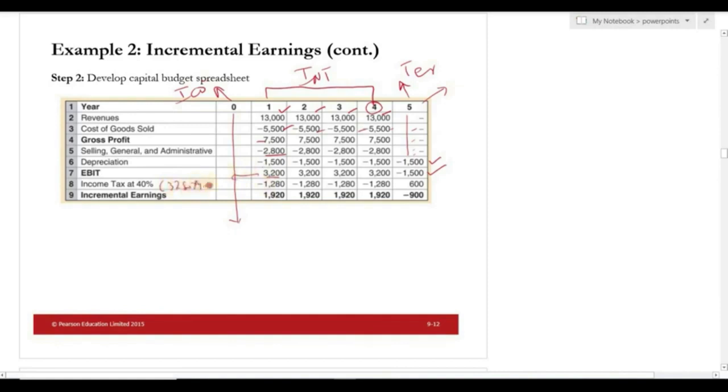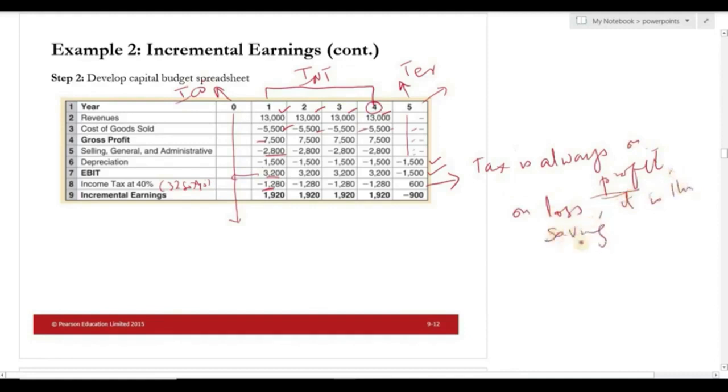3280 multiplied by 40%, so this is the tax rate. But this one is positive, because tax is always on profit. On loss it would be a saving.